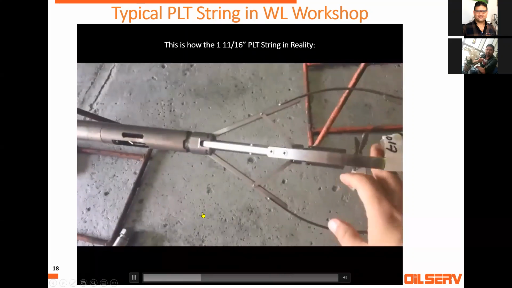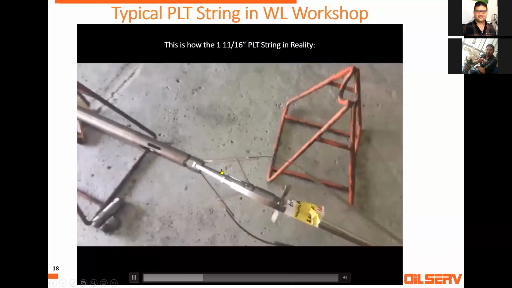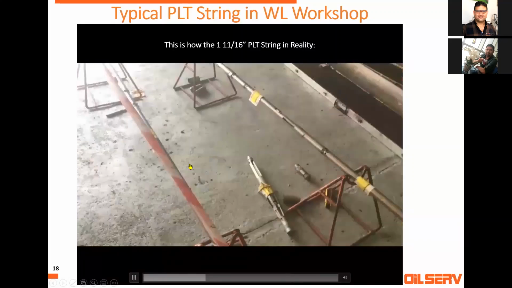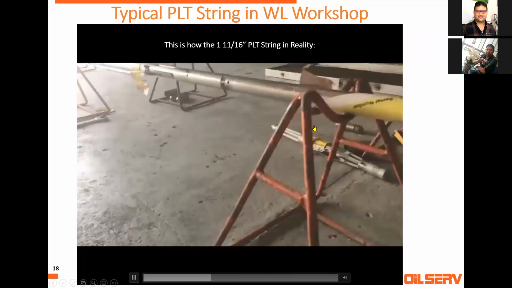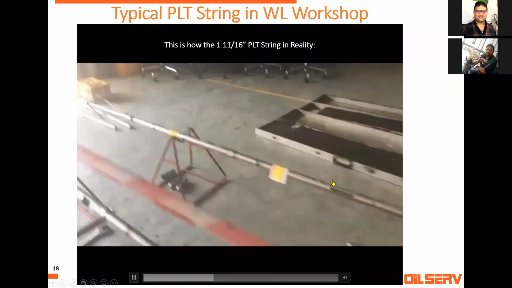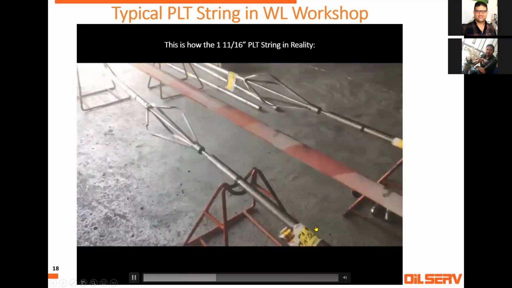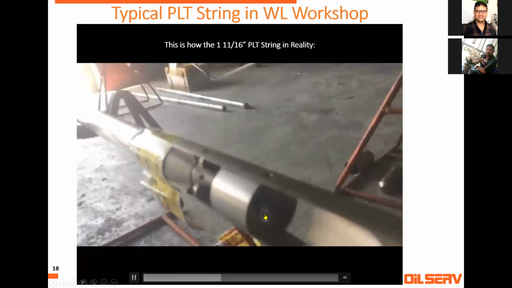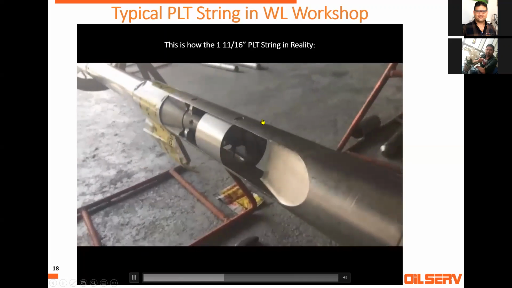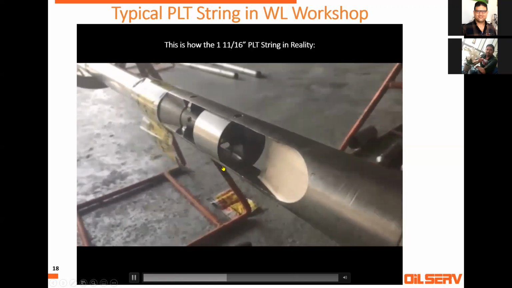Usually when a field engineer goes to the field, he will take two strings, in case one of them fails, so he has a backup string. So he takes two sets. This is the Al-Hilali spinner, or the backup spinner. In case the big one fails, this one keeps working.